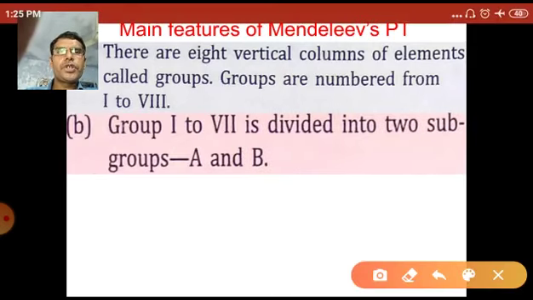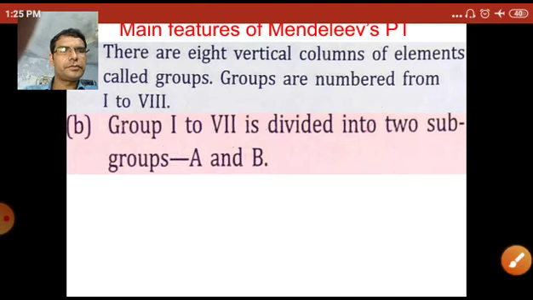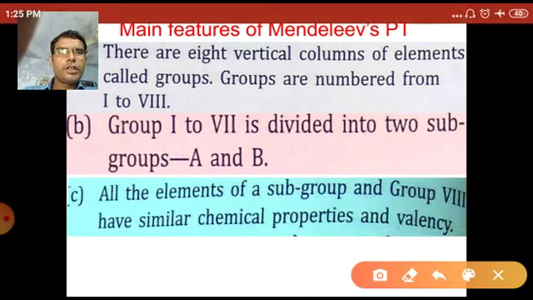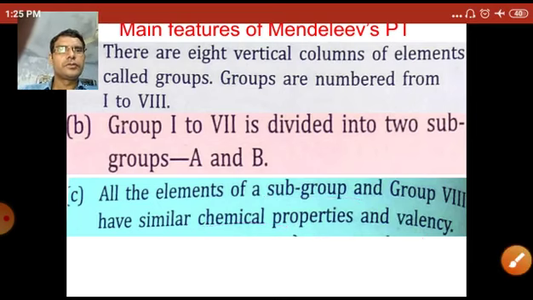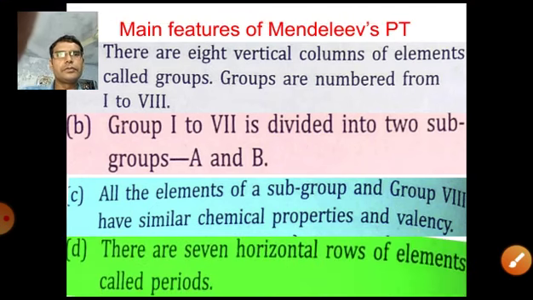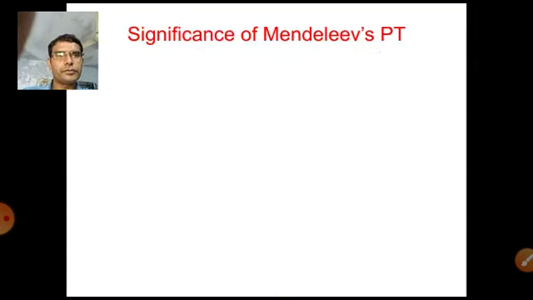Now groups 1 to 7 are further divided into the 2 subgroups A and B. All the elements of a subgroup and group 8 have similar chemical properties and valency. And there are 7 horizontal rows of elements, and those horizontal rows are called the periods.